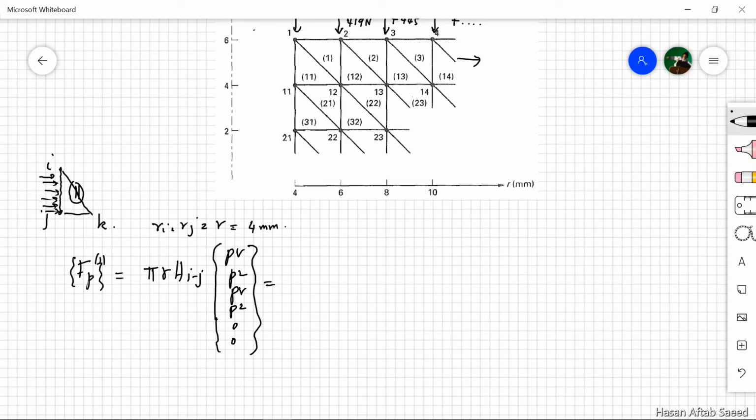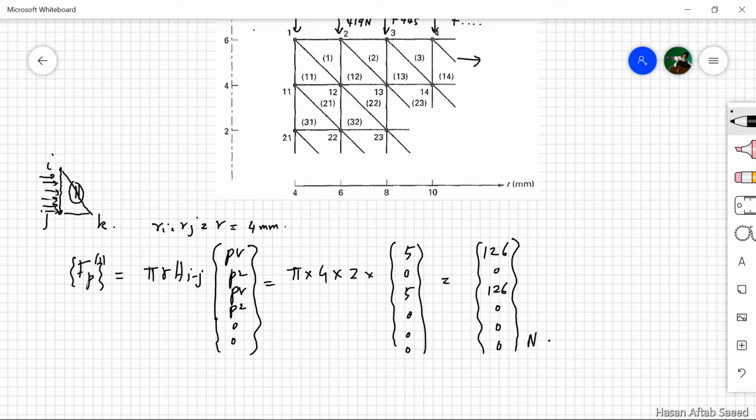In this case, pi R is 4, the length of each element side is 2, the radial pressure is 5, whereas the longitudinal one is 0, so 5, 0, 0, 0. This turns out to be 126, 0, 126, 0, again in newtons.